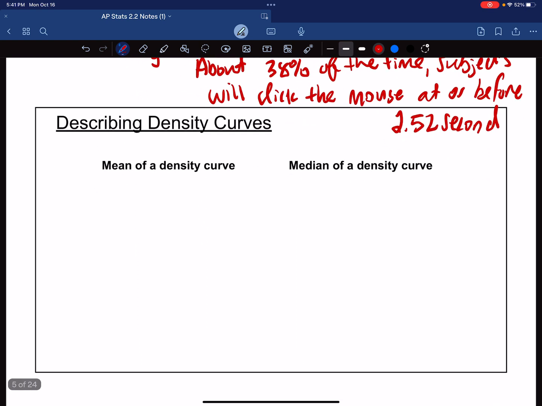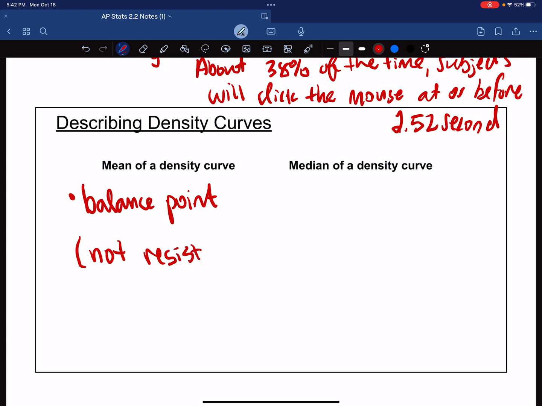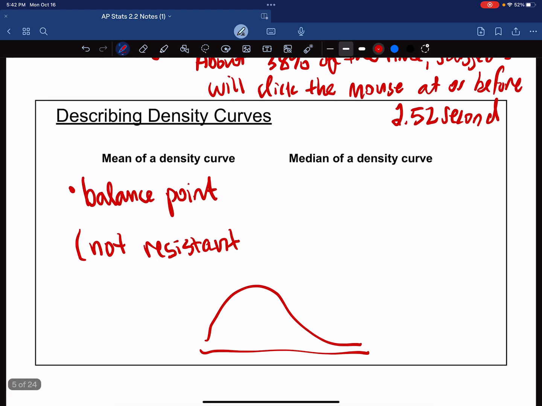Describing density curves, the mean and the median. Remember, the mean is the balance point. If it was made out of like a solid material, remember the mean is not resistant. So if we were to have a skewed density curve here, distribution, the mean would be pulled here.